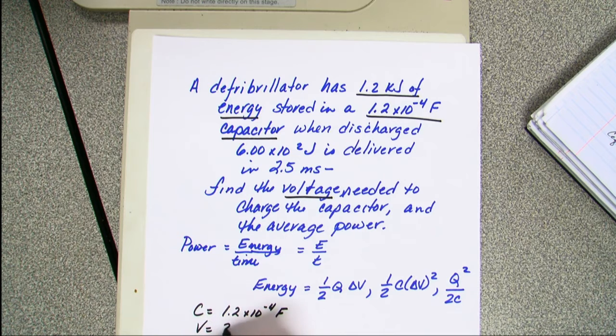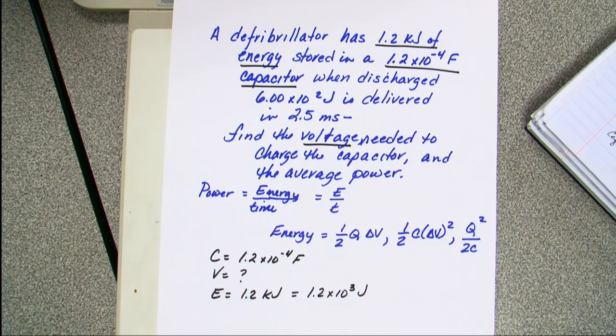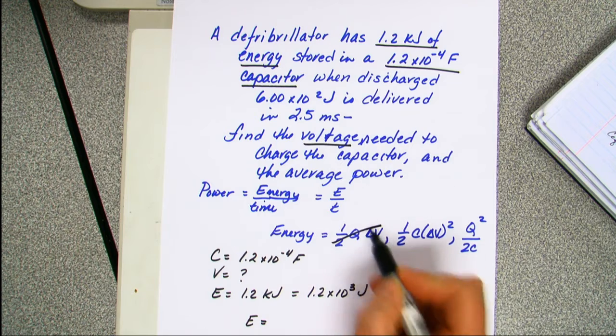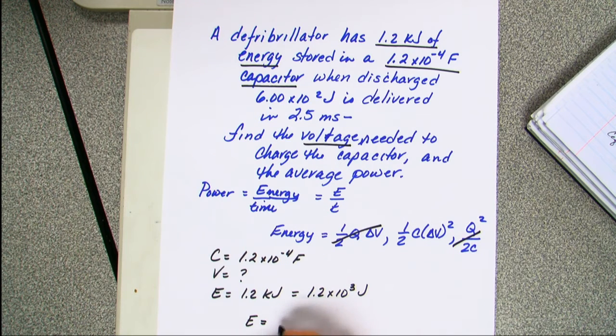I need V. And I've got energy is 1.2 kilojoules, which means I have 1.2 times 10 to the third joules. So now I've got energy, and I don't have charge, so that one's not going to work, and that one's not going to work. So now I've got energy is equal to 1/2 C change of voltage squared, and that's what I want to find.